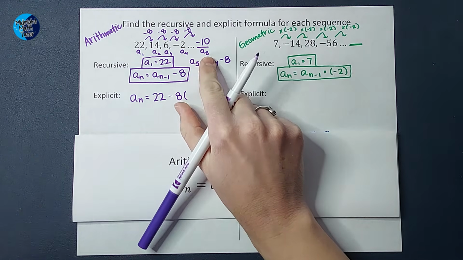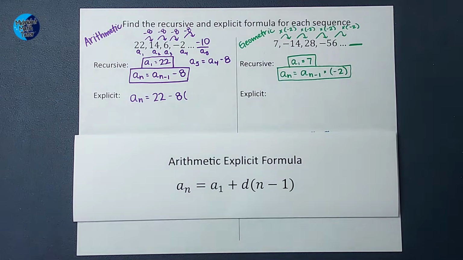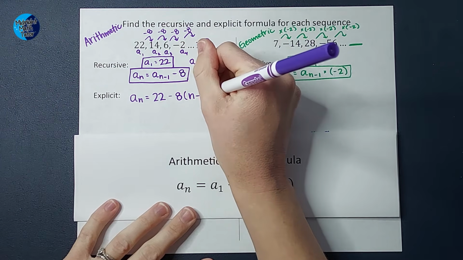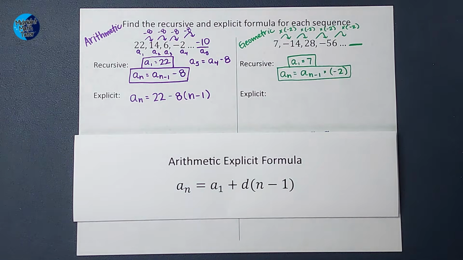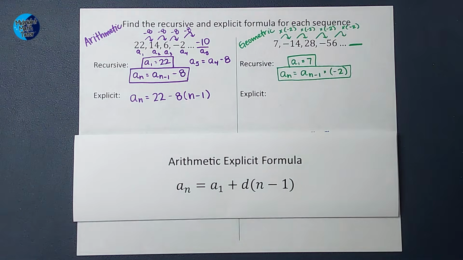When I wanted to find the 5th term, I subtracted 8 4 times. So how do I show that? I just say you subtract 8 n minus 1 times. If you want to find the 10th term, you would subtract 8 9 times, or 10 minus 1, which is 9. Isn't that cool?